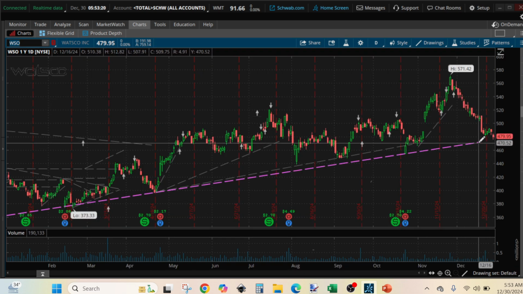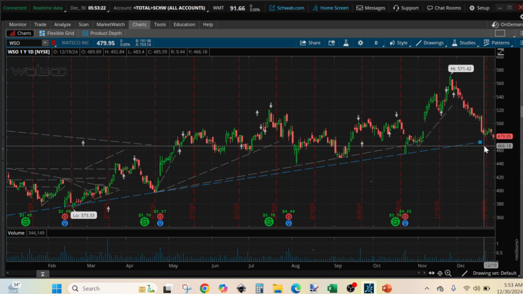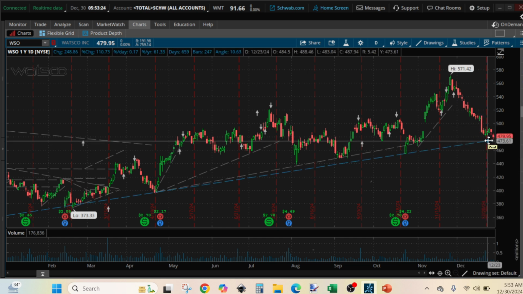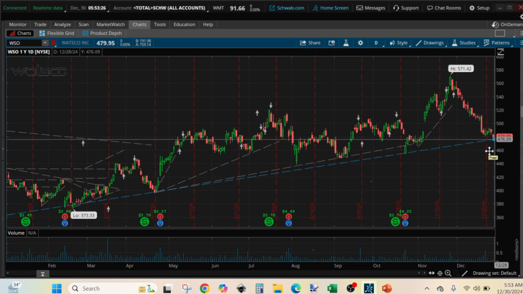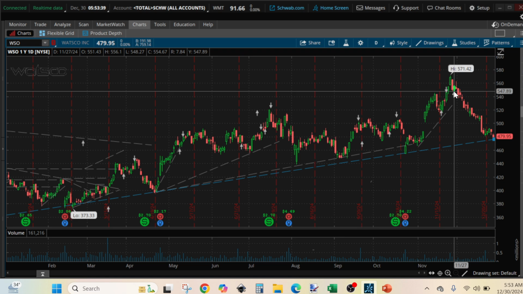And right now it is at the trend line, but I'm not seeing an uptrend here though. This low is higher than this low, so I have a downtrend here. I need an uptrend to make sure it's following this trend line, but we bought it somewhere here anyway.